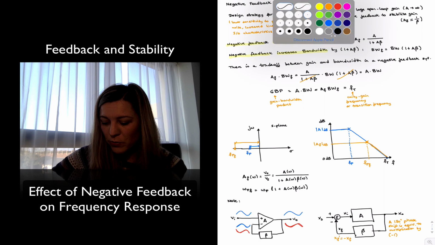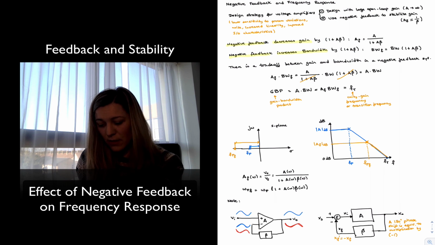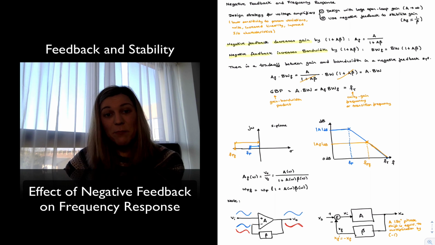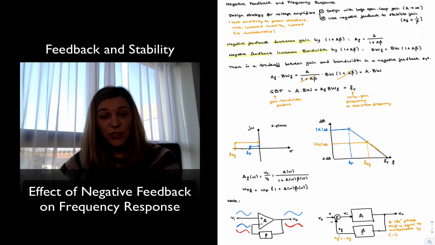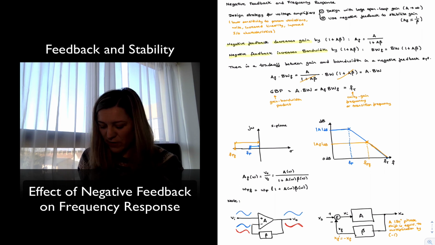So the main idea to keep in mind is basically that negative feedback not only affects the magnitude response of a system, but also the phase response of a system. In the magnitude response, we have seen that it decreases the gain and it shifts the cutoff frequency, therefore shifting the bandwidth of the amplifier.